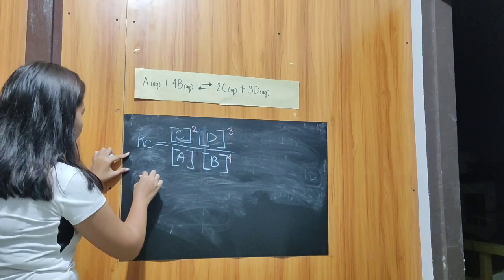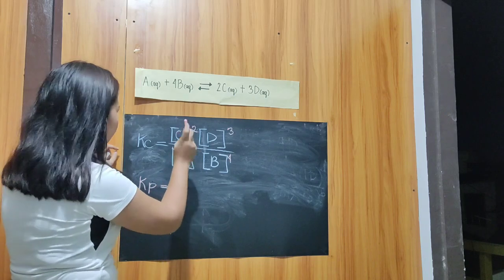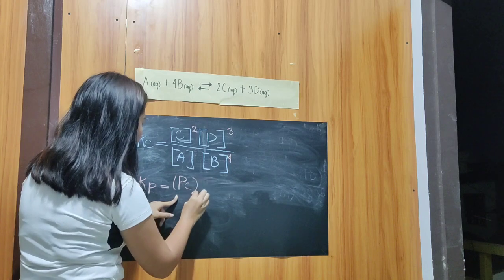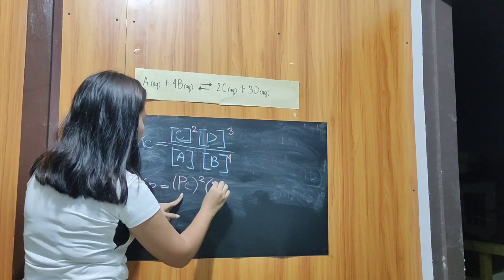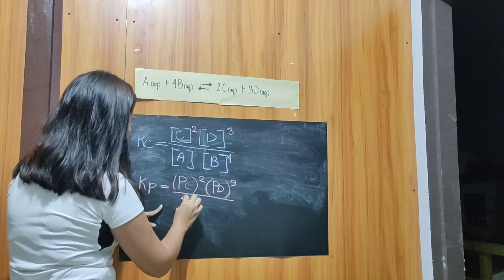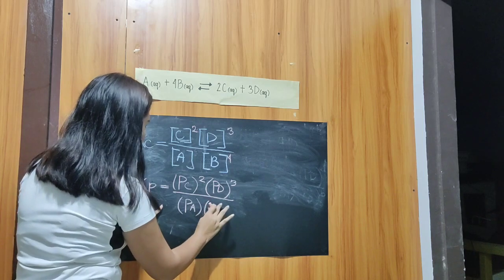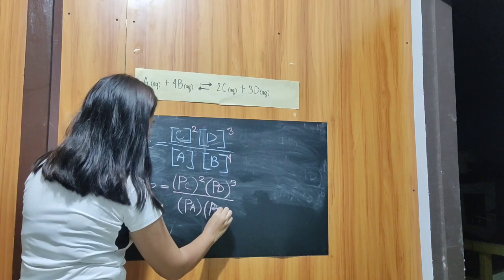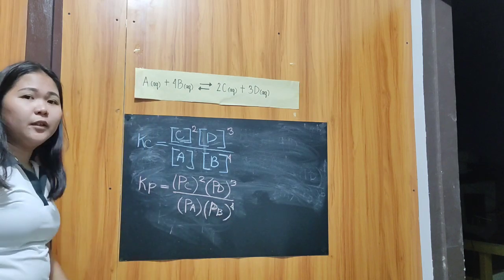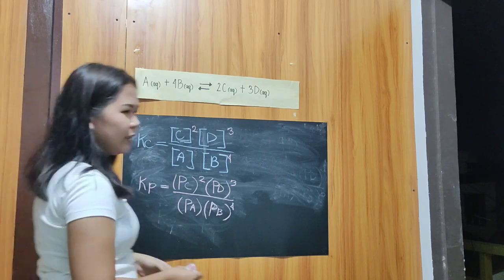So Kp, just copy, add P, and then C. So this is our partial pressure. Okay, understood. So let's move on.